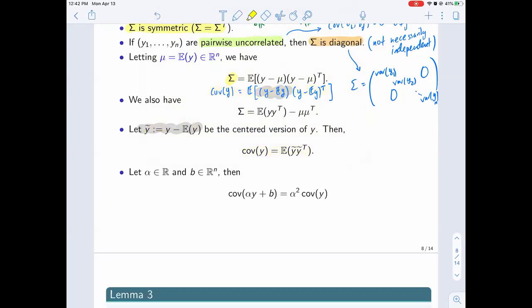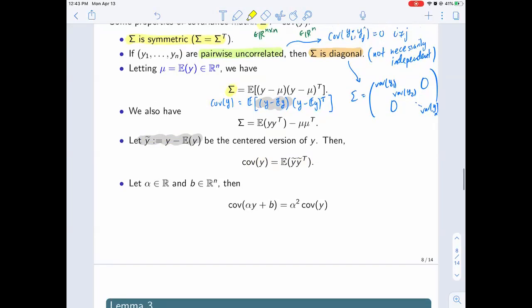That's an easier way of remembering this formula. If I take the centered version of y, then the covariance of y would be y tilde times y tilde transpose. Does that make sense to people? I'd encourage you to try to show this for yourself.